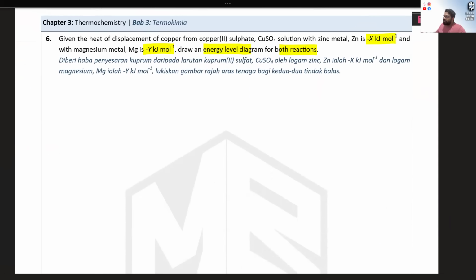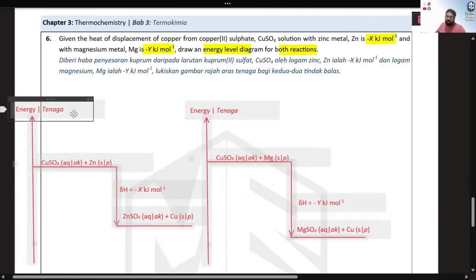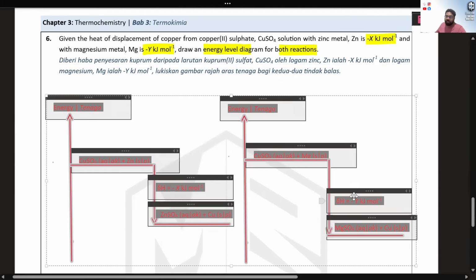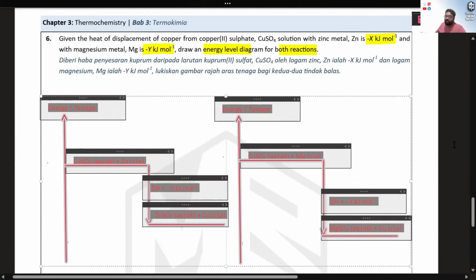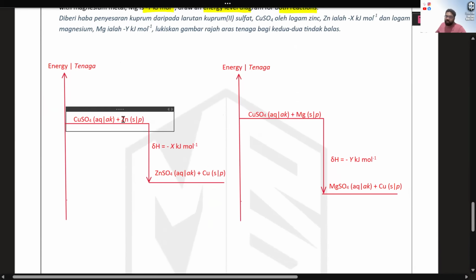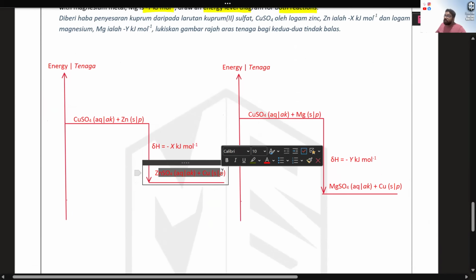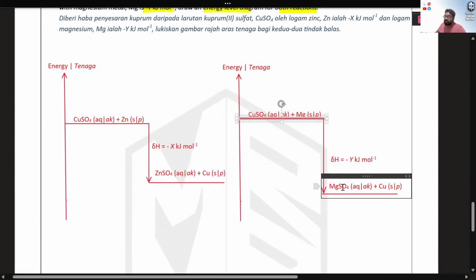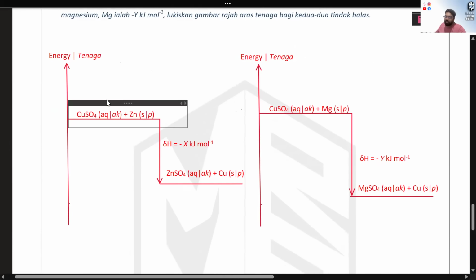So what are the components of your energy level diagram? We only have one axis, the vertical axis, energy. Now remember this is an exothermic reaction, which means the energy level of the reactants must be higher than the products.